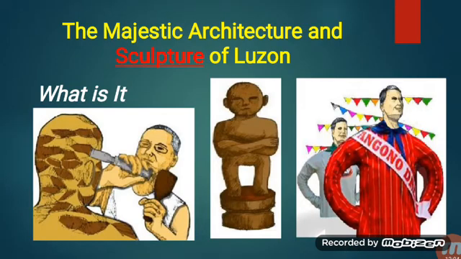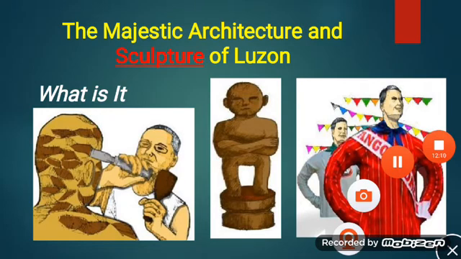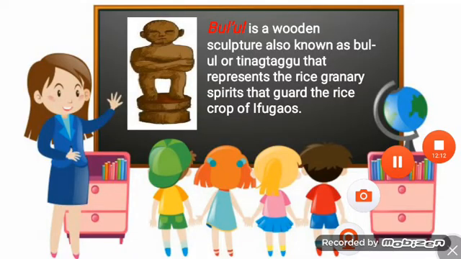So let's proceed to the sculpture of Luzon. Bulul is a wooden sculpture, also known as bulul or tinagtagu, that represents the rice granary spirits that guard the rice crop of the Ifugaos.